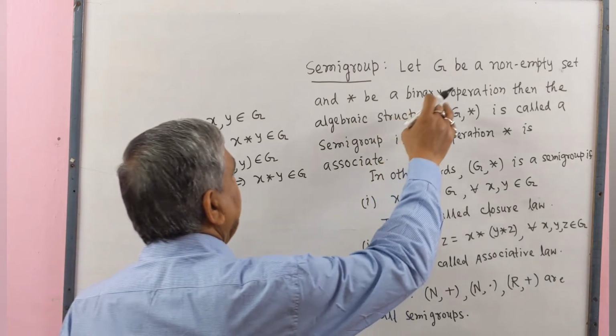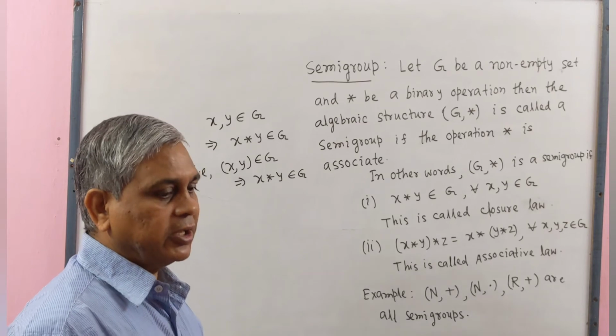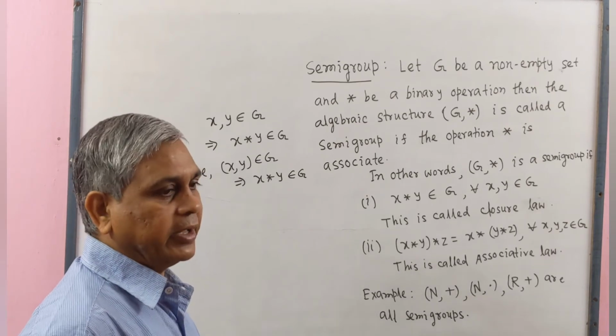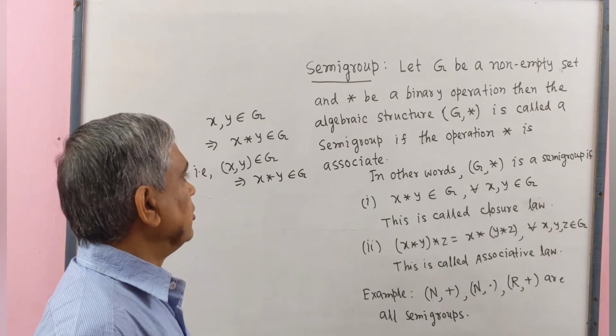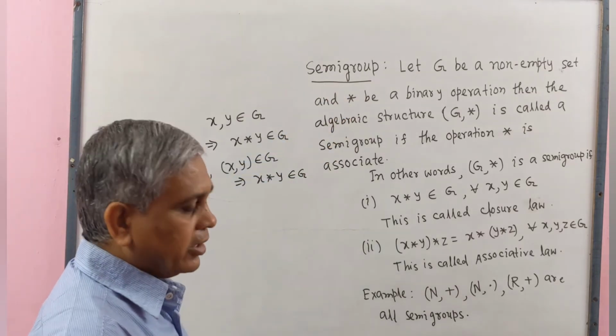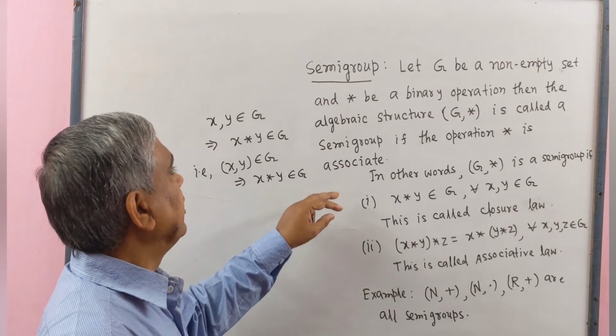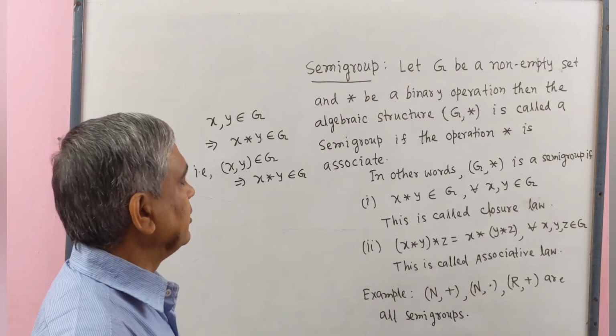Since binary operation itself denotes the closure property, therefore for semi-group we get closure property as well as associative property.